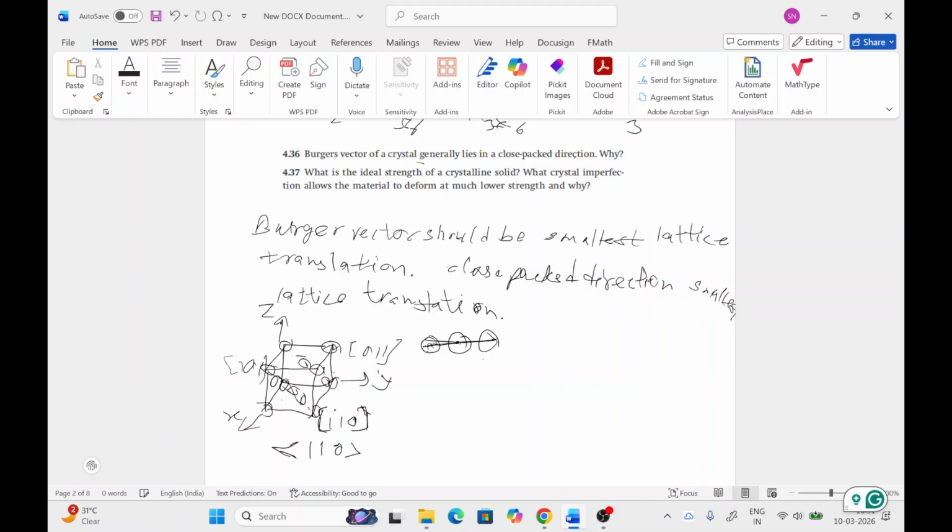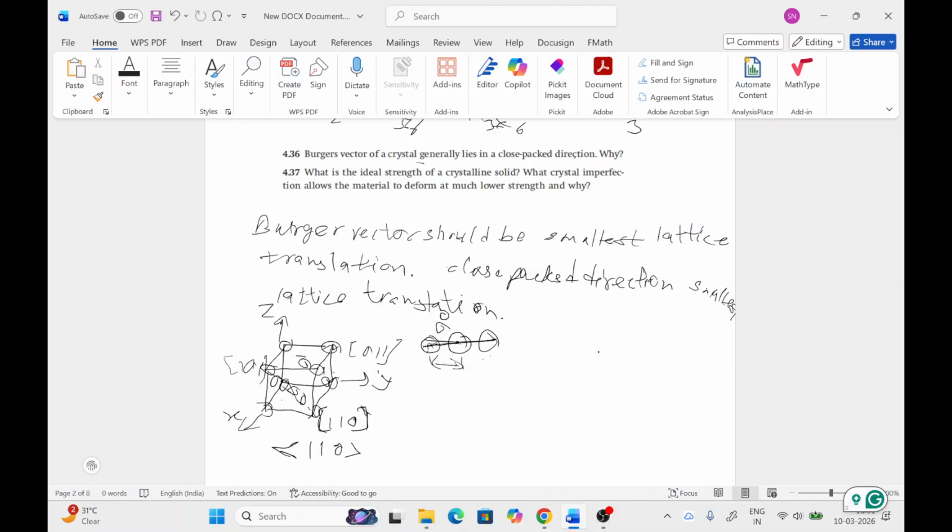So the extra half plane should travel from here to here. That is the smallest lattice translation. That's why the Burgers vector for this is also the distance between these two atoms. So it is occurring on the close packed directions.